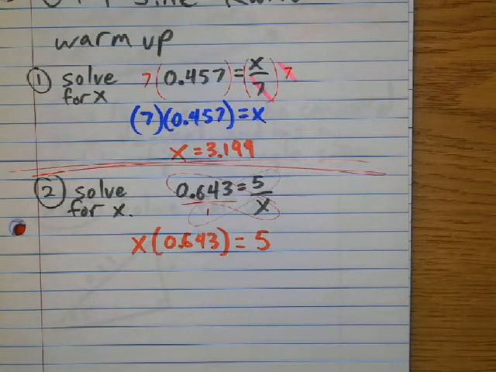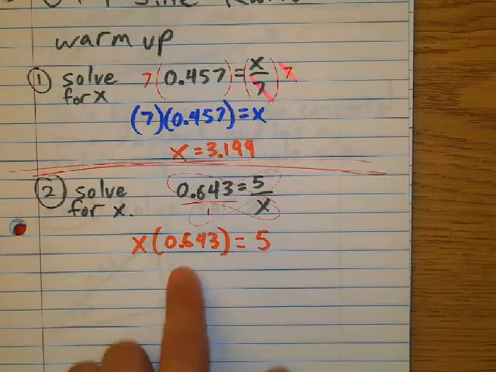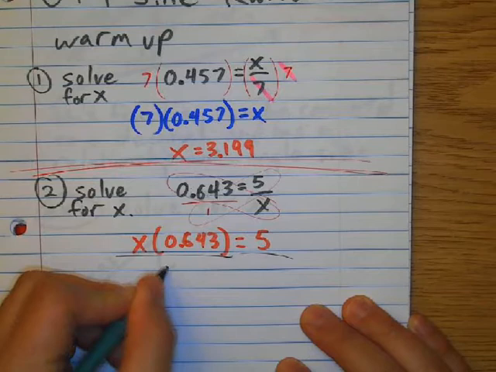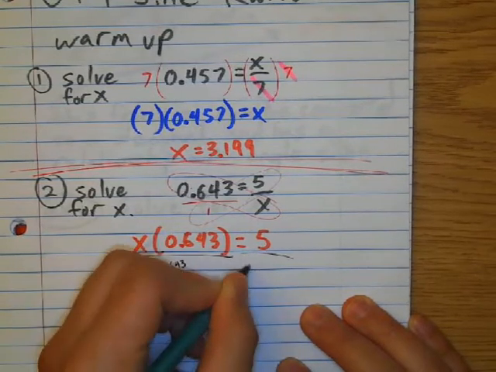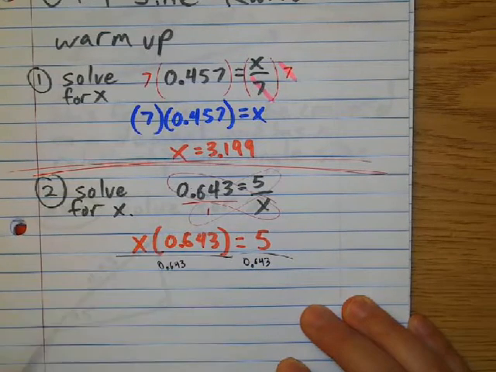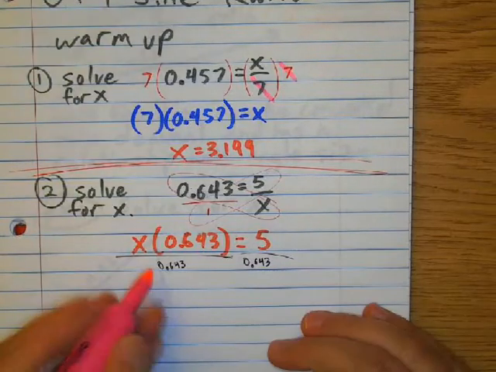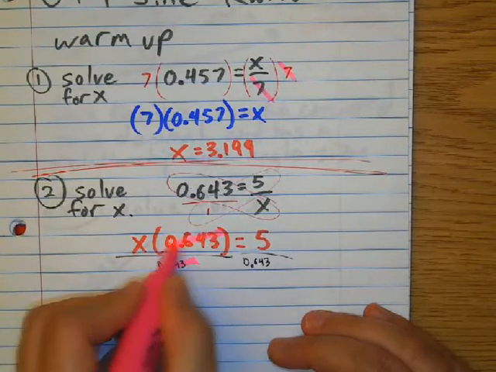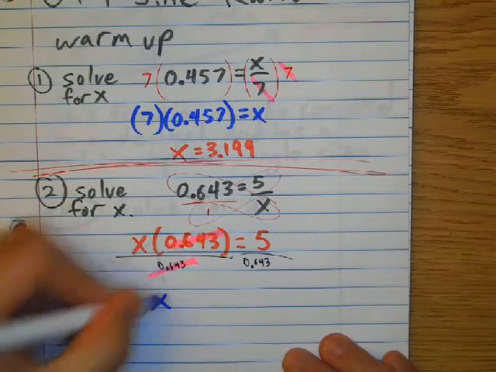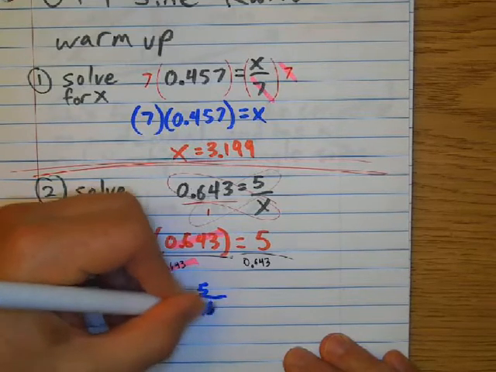Okay, so if I want to get rid of this, I'm going to have to divide both sides by 0.643. And when I do that, this here and this here are going to cancel out. So now I've got x equals 5 divided by 0.643.